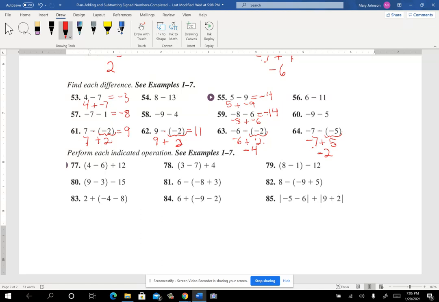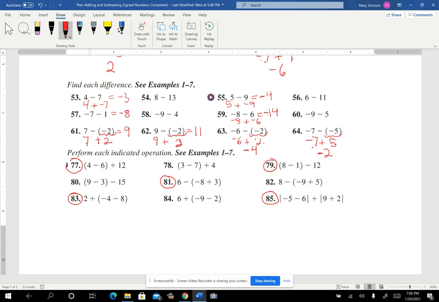Okay, so let's do a few of these that have different scenarios. So 77 would be good. 79, 81. Yeah, it looks like all the odd ones. All right, let's do those odd ones.